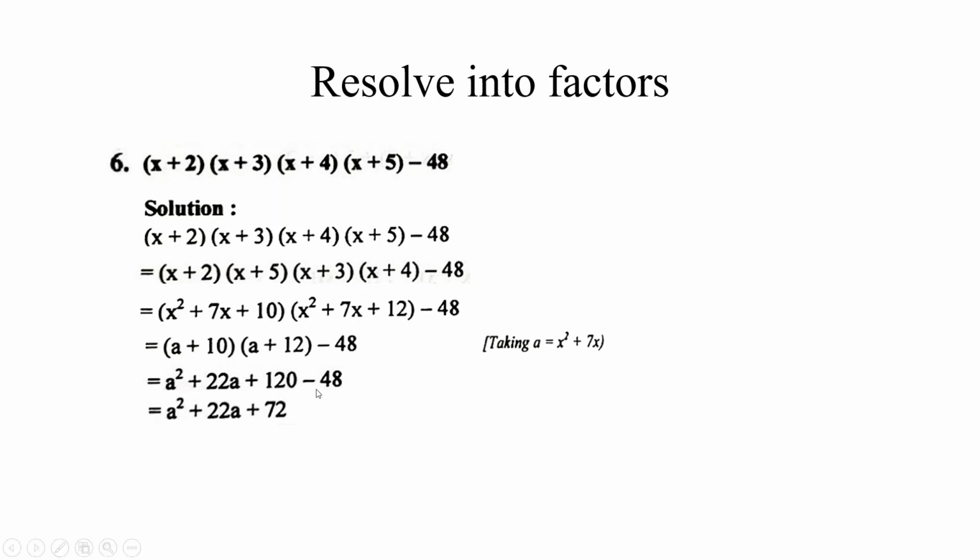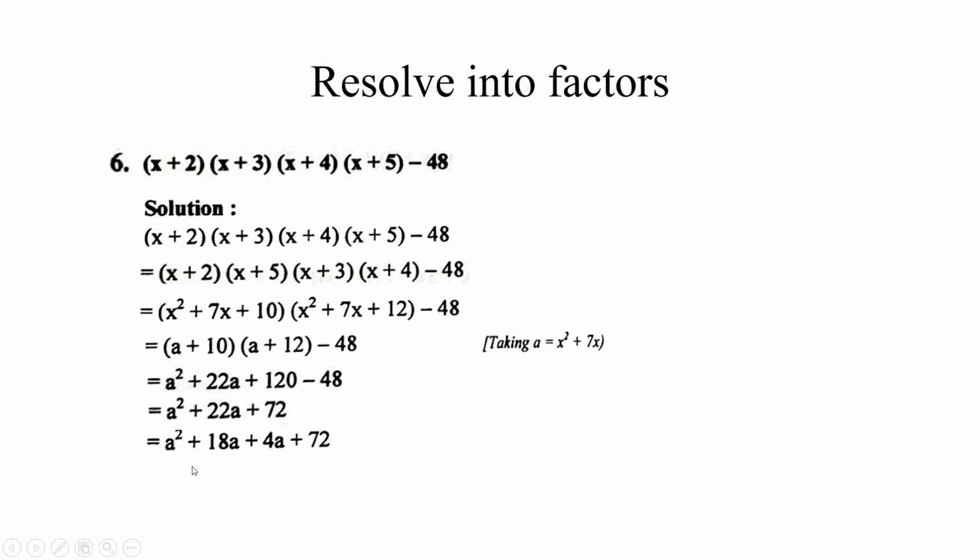So 120 minus 48 means 72. Now after middle term breakup, you'll get 22a means 18a plus 4a, and multiplication of 18a into 4a is 72a square.